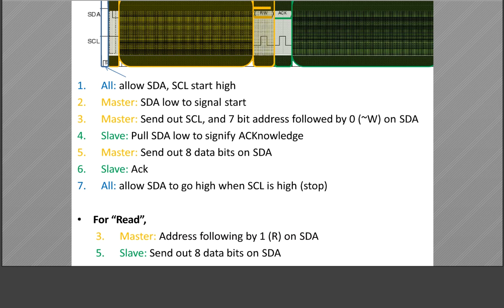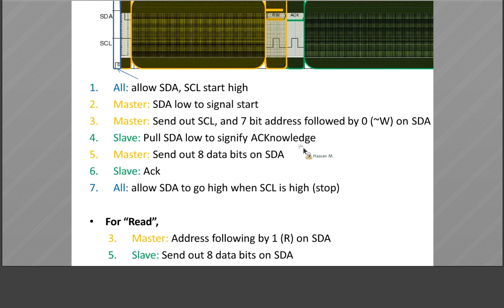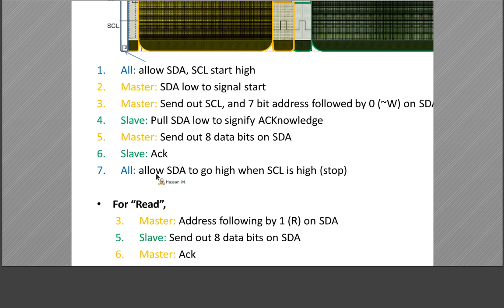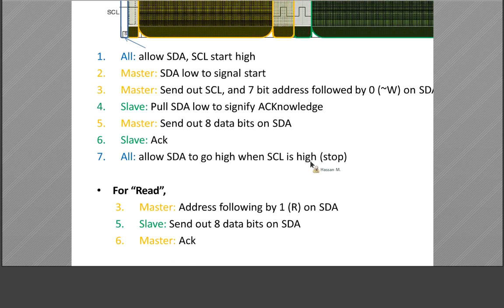Then the slave acknowledges to us, meaning I got the byte of data. Okay. Then the session is over. The session is cut. Allow SDA to go high when SCL is high. That means idle mode. All of them are high.